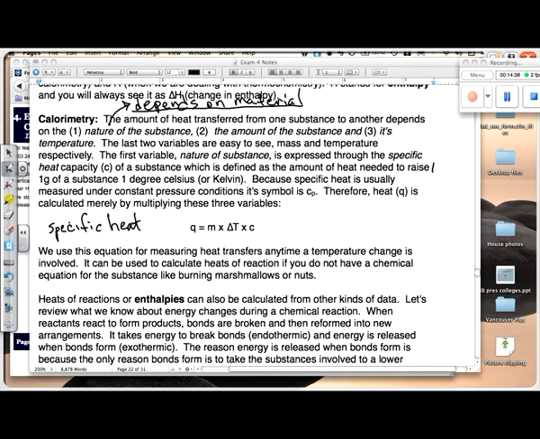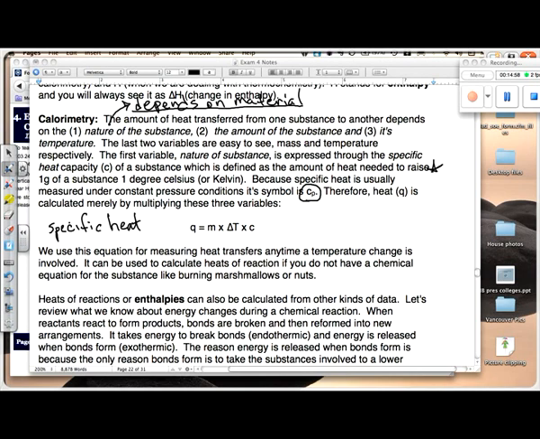And that definition is right here. Of course it's different for plastic than it is for copper or iron or a metal like those. And it's usually measured under constant pressure conditions, so it gets the symbol CP.